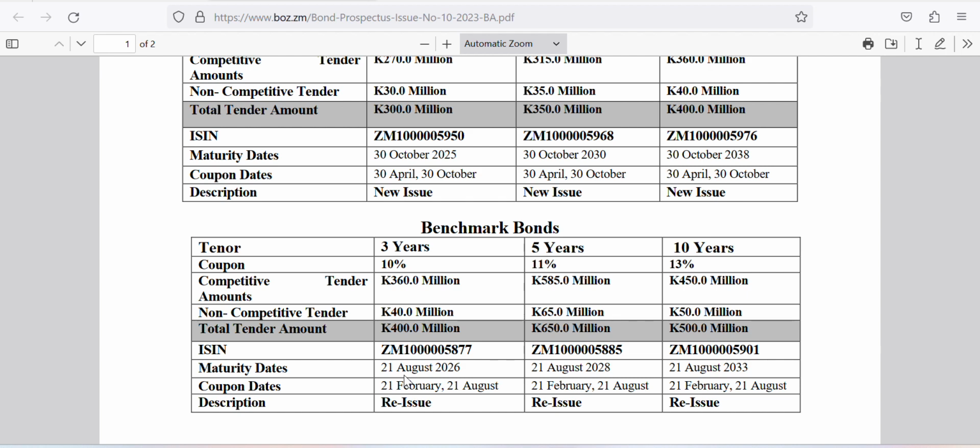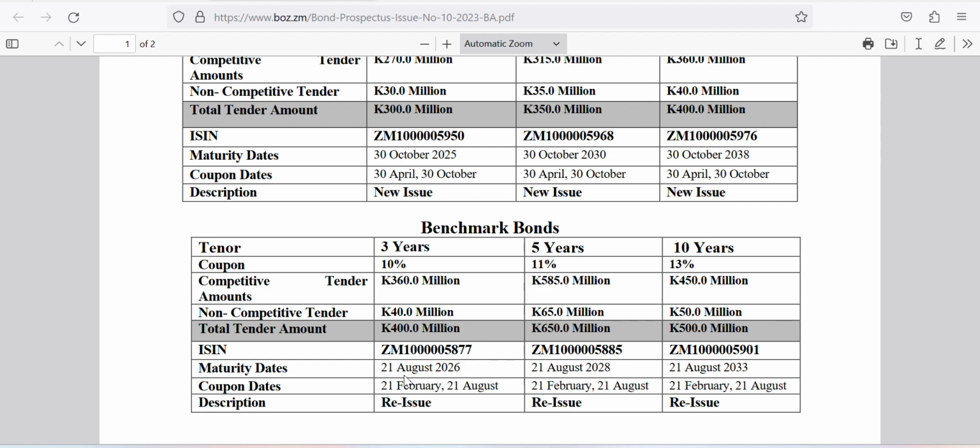What that means is that the maturity date that will be followed will be the same as the one followed in the previous month. That's really the difference between a new issue and a reissue.